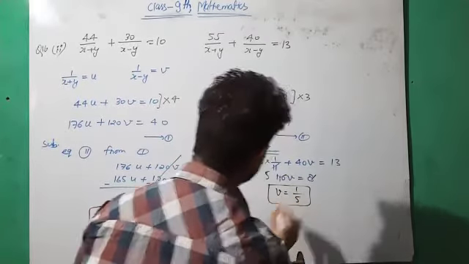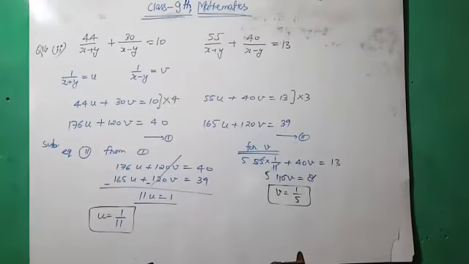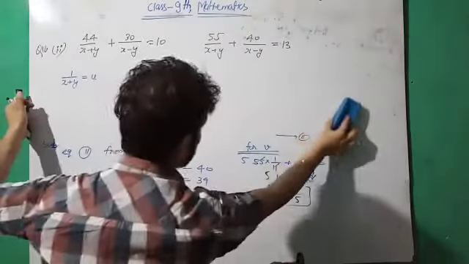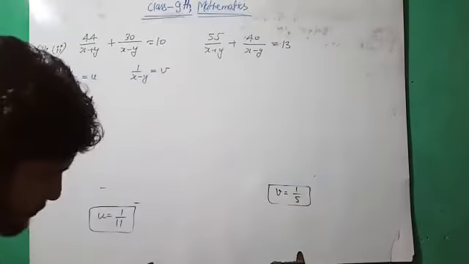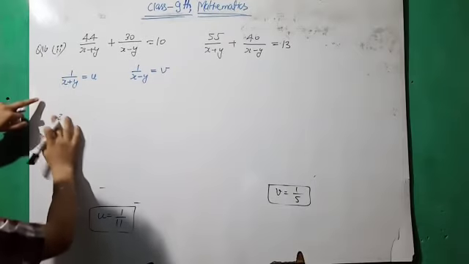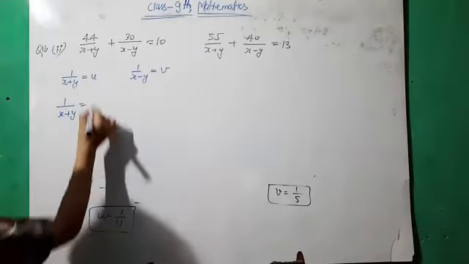Now compare in a similar way, as we did in the previous question. Note this down. 1 upon x plus y equal to u, and the value of u is 1 by 11.